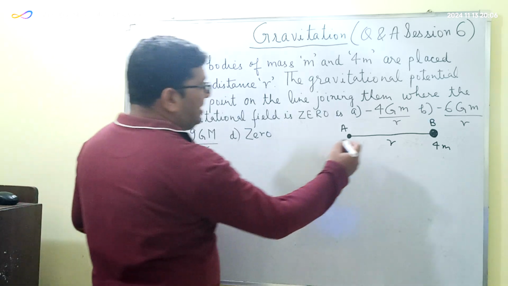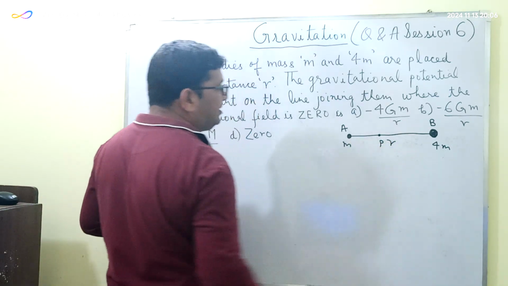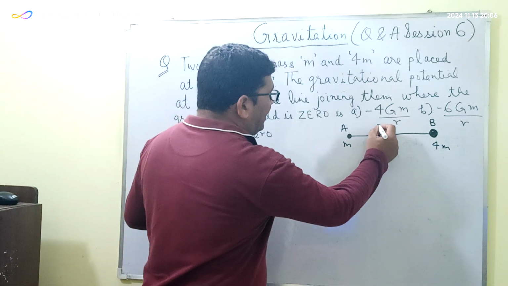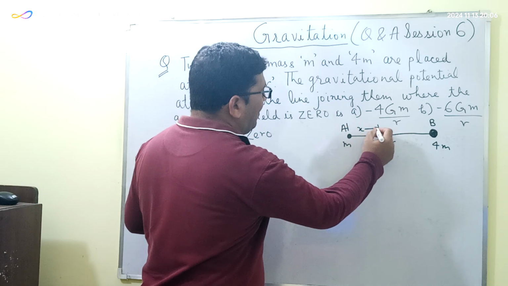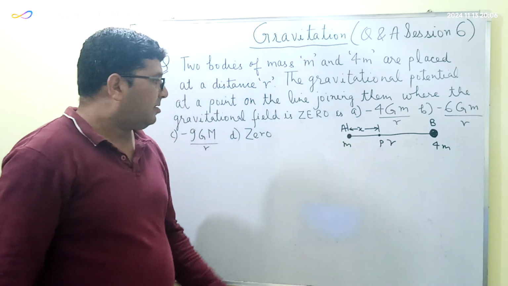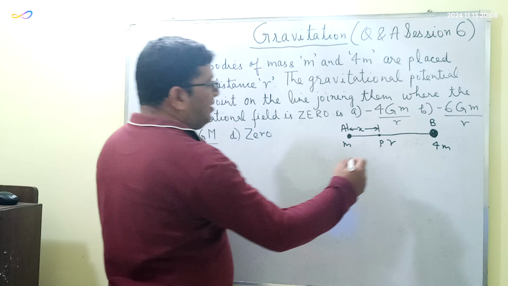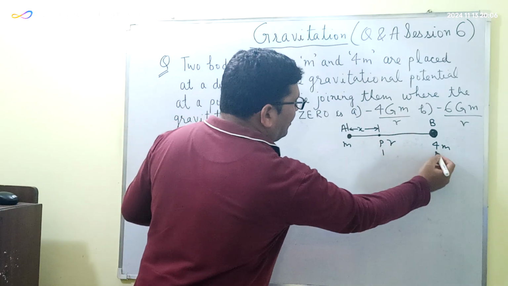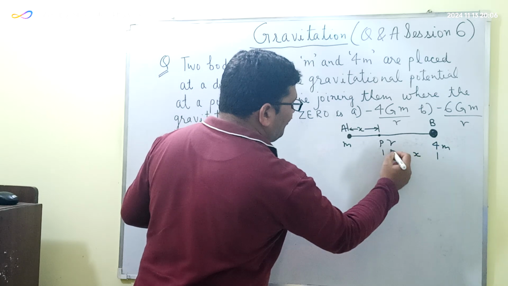Let us say there is a point P on this line where the gravitational field intensity is zero. Let us consider that this point P is at a distance x from the body of mass m, which is positioned at point A. So the distance of this point P from the body of mass 4m will be r minus x.